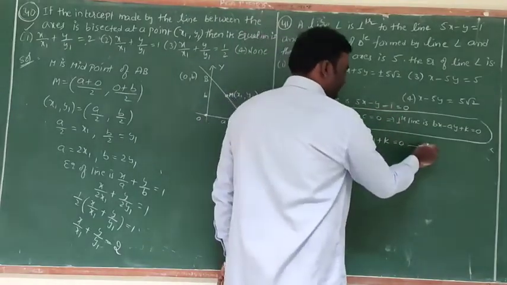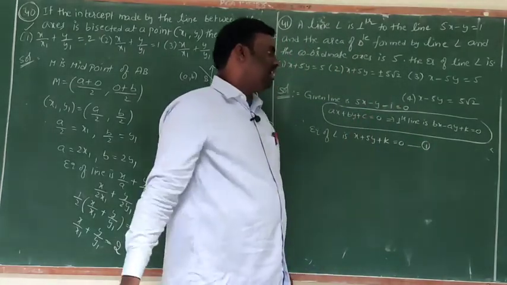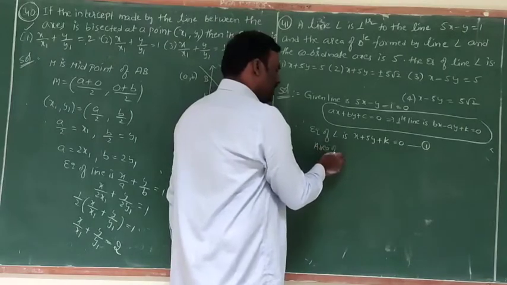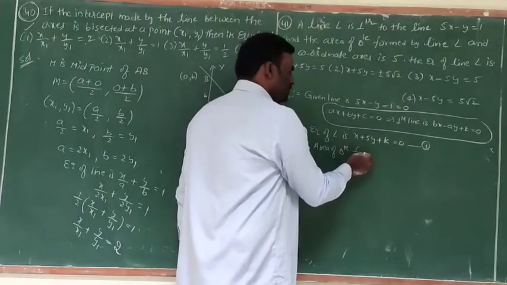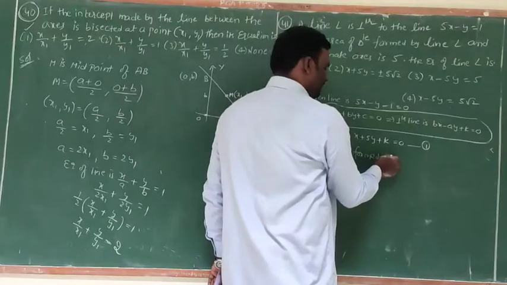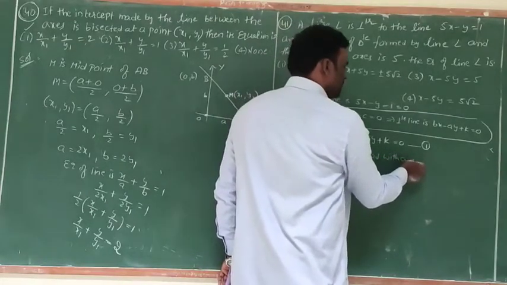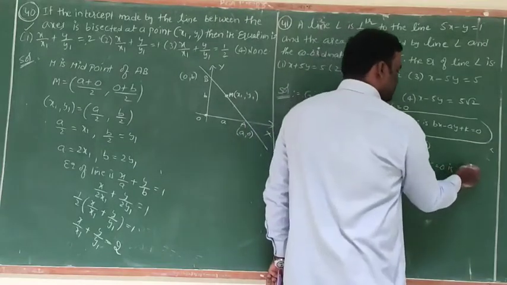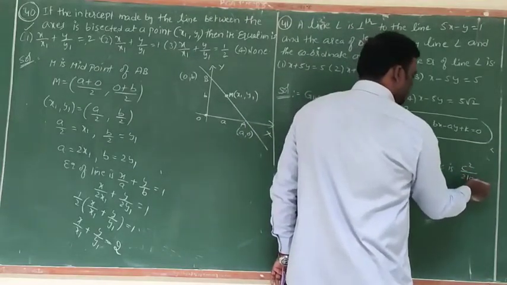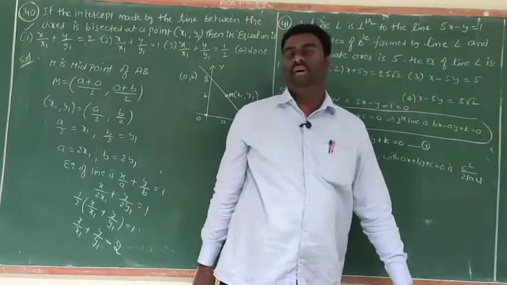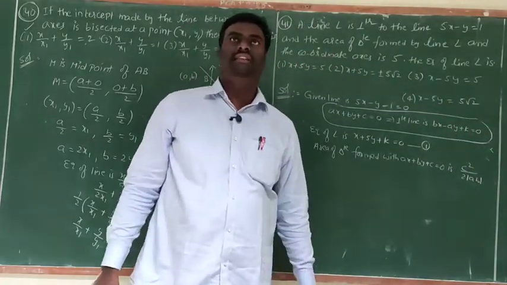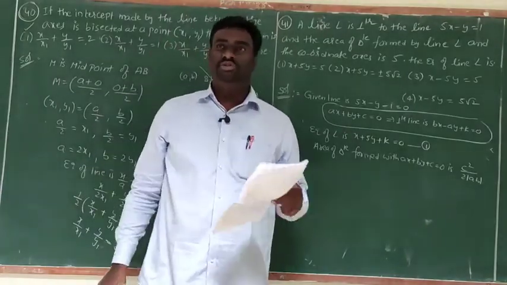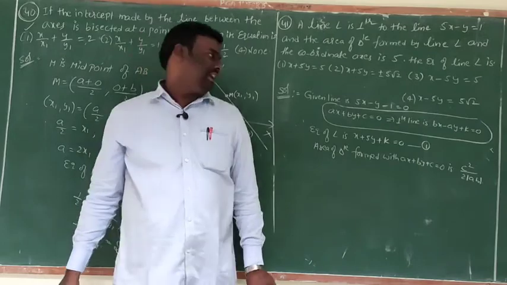This is equation 1. What is the formula for area of triangle formed with ax plus by plus c equals 0? It is c square by 2 into modulus of AB. That is the formula for area of the triangle formed by the line ax plus by plus c equals 0 with the coordinate axis.